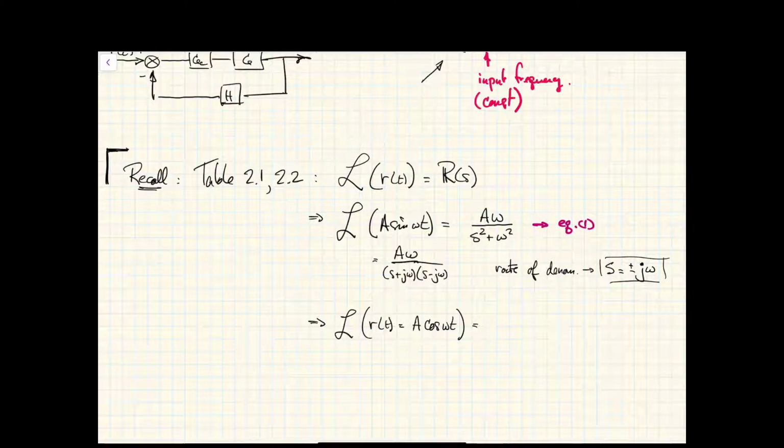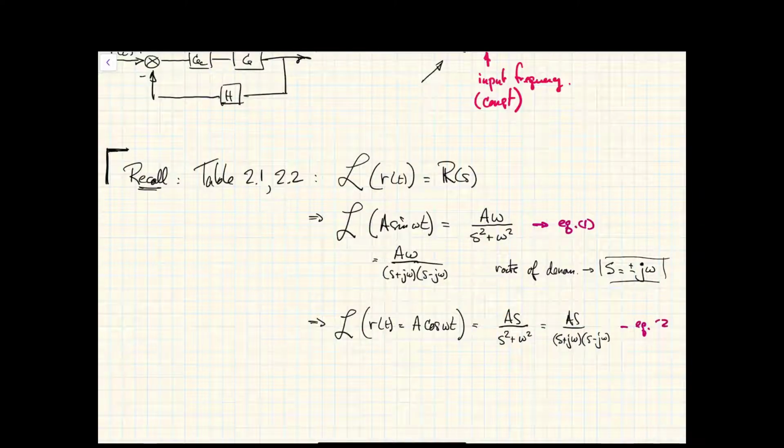In that particular case, when r is equal to the cosine instead of the sine, then the Laplace transform of the cosine is A s divided by s squared plus omega squared. So the numerator is what's different, so that the roots are also the same. In fact, let me just write that down so that we have that equivalency, right? S plus j omega, we said, s minus j omega. Okay, let's call that equation 2.